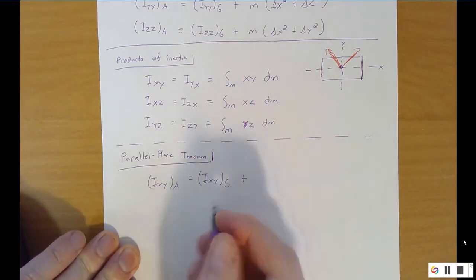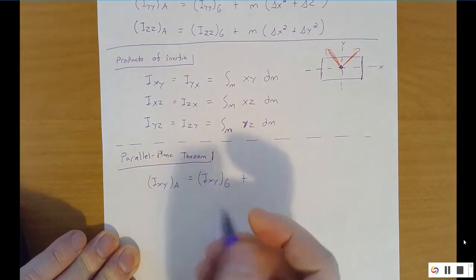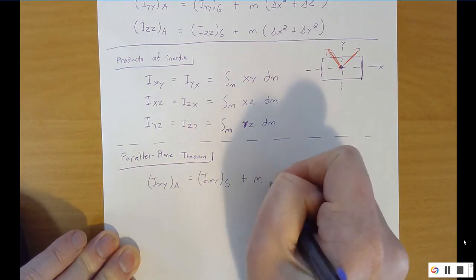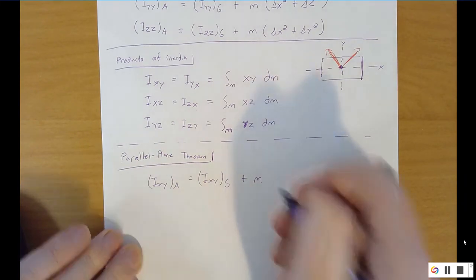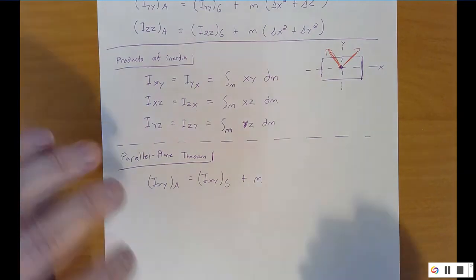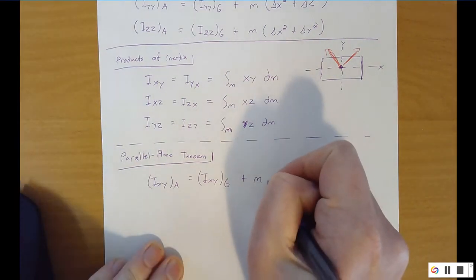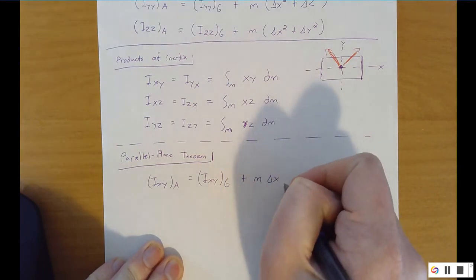So the product of inertia in the XY plane, and then mass times, so we can use, I believe, let me pull it up over here. Yeah, so we have a dx on there, so I'll just use delta. So delta x and delta y.